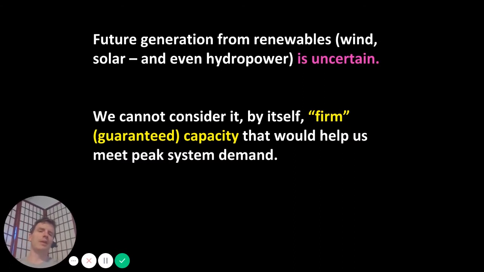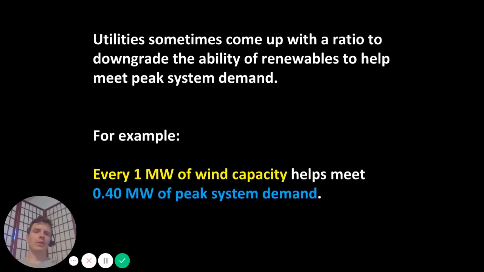And so we can't consider it by itself to be firm or guaranteed capacity that would help us meet peak system demand. In other words, we can't be sure that in the hottest hour of the hottest day of the year, our renewable energy is going to be producing electricity. And so, what utilities and system planners will typically do is they'll come up with a ratio to downgrade the ability of renewables to help meet peak system demand.